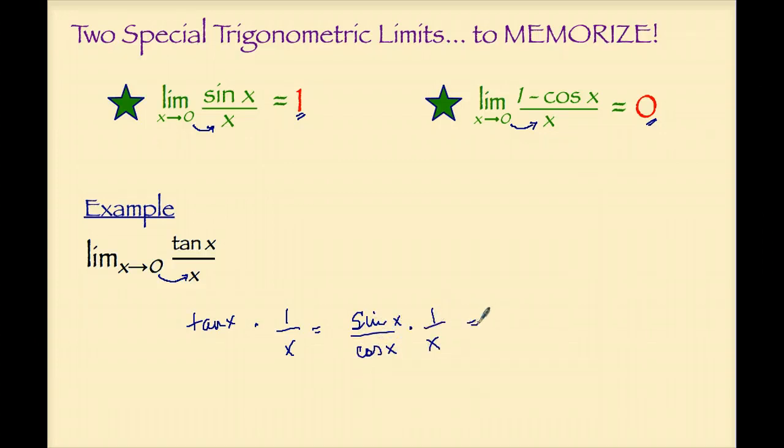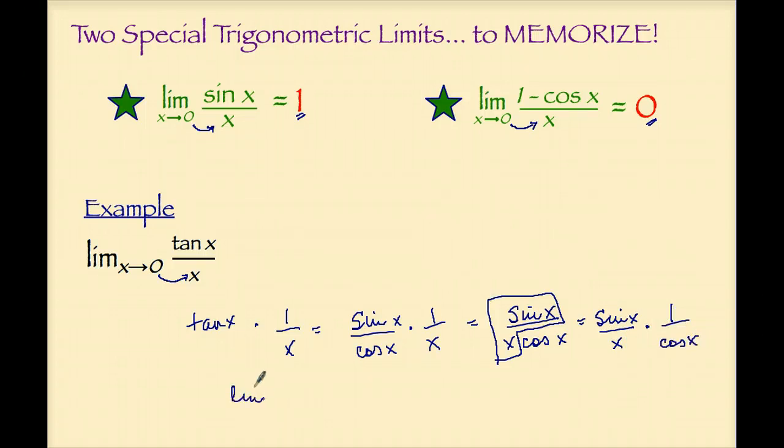And then if I want to put these two fractions back together, I can write this as sine x over, let's put x in front of cosine x, x cosine x, and notice that I have one of my special limits here. So I can rewrite this as sine x over x, one of my special limits, times 1 over cosine x. Now, we're going to take the limit of this function as x approaches 0.